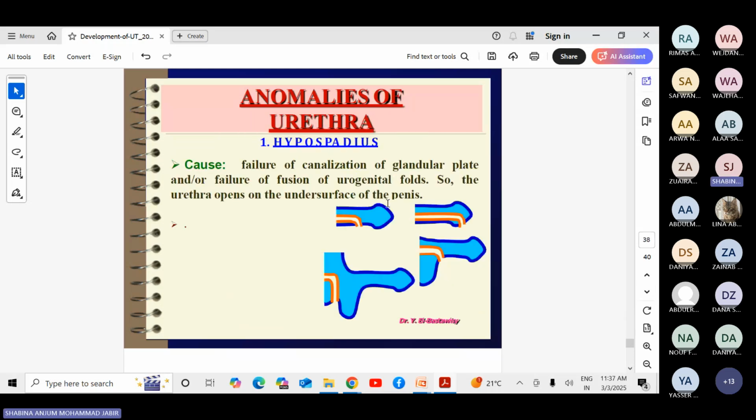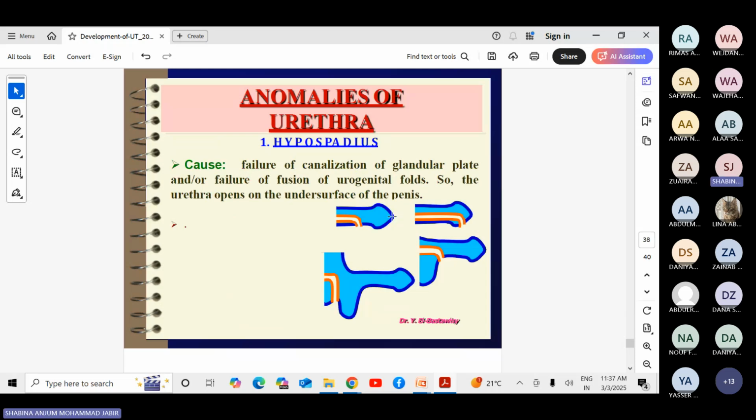Then there are anomalies in the urethra. We know already that the urethra opens here at the tip of the glans penis. What is the normal position? At the tip of the glans penis.